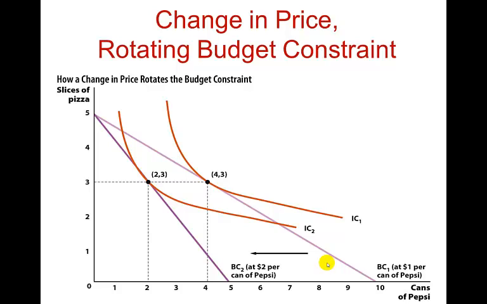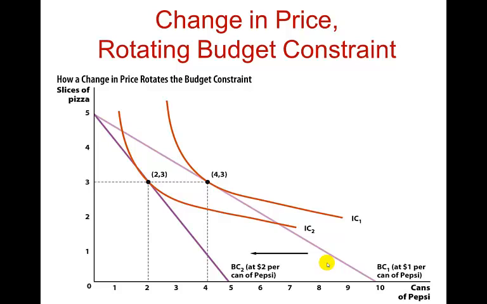You may remember a long time back we talked about complements and substitutes. Complements are goods where, when the price of another good increases, the demand for a complement will decrease.